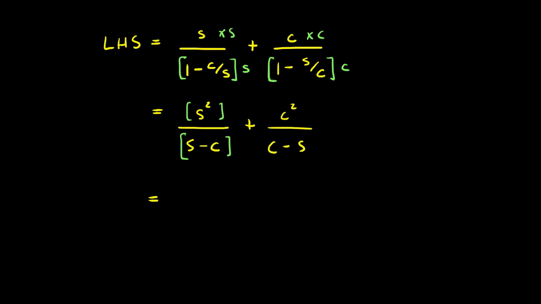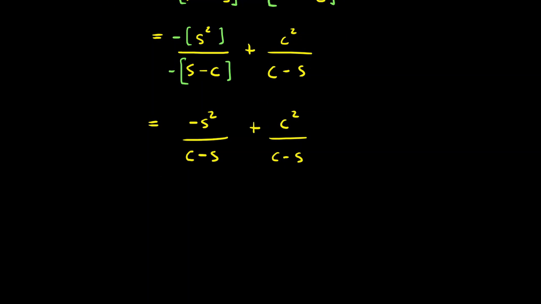Okay, that's what I'll do. Because if I do that, I'm going to get negative sine squared over cos minus sine plus cos squared over cos minus sine. Okay, so I'm going to do it like that. So that means I can rewrite this as cos squared minus sine squared over cos minus sine.